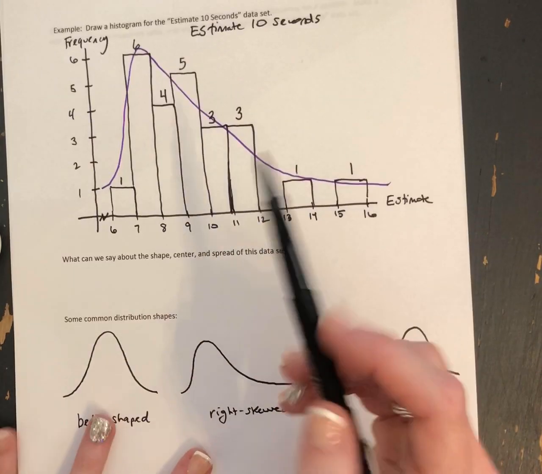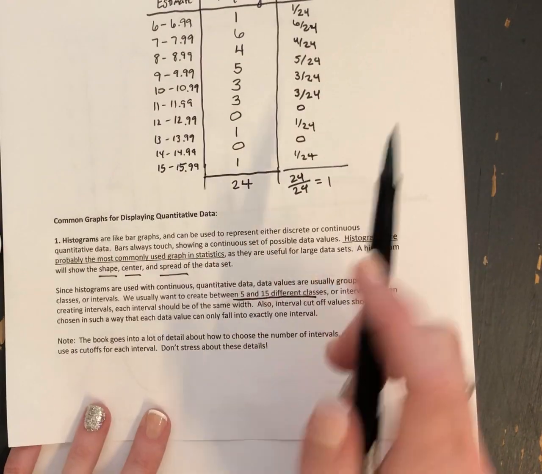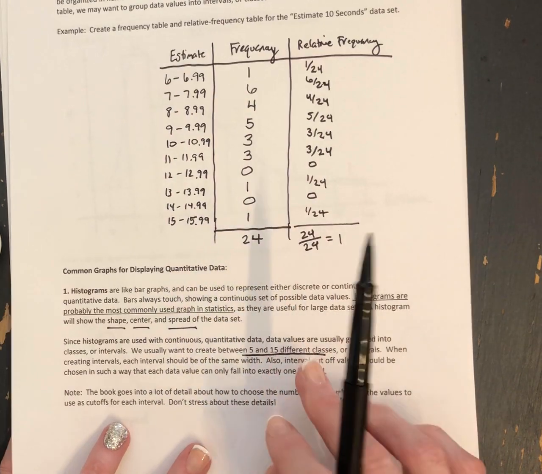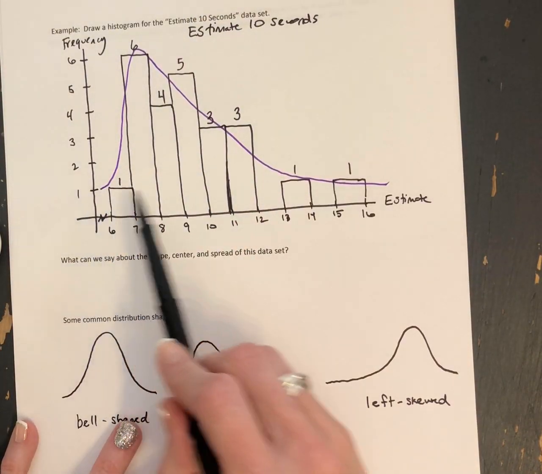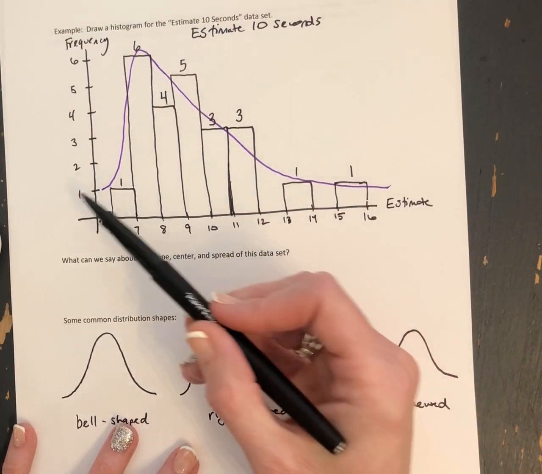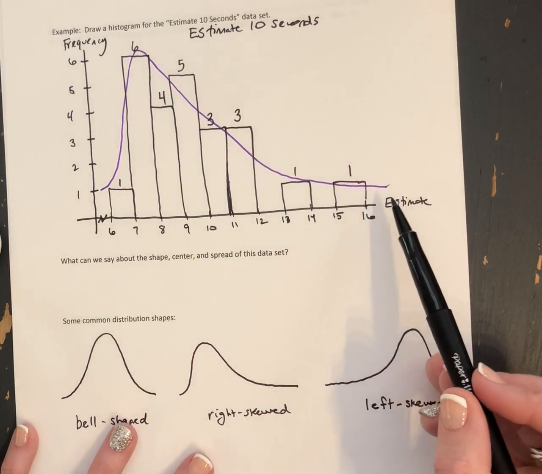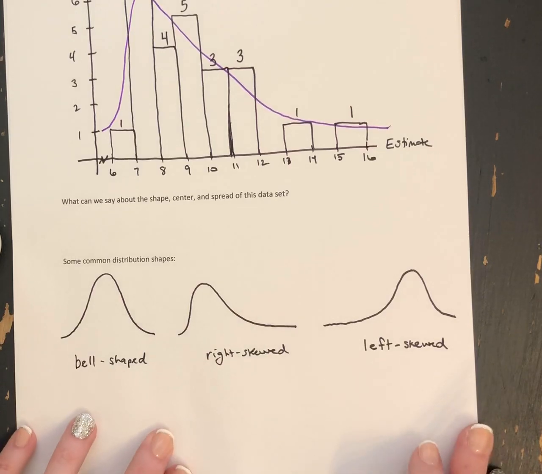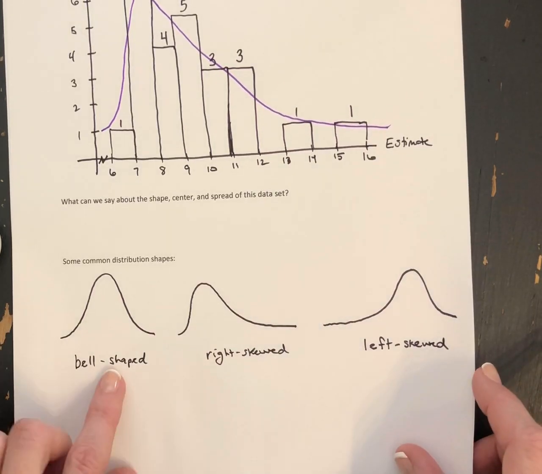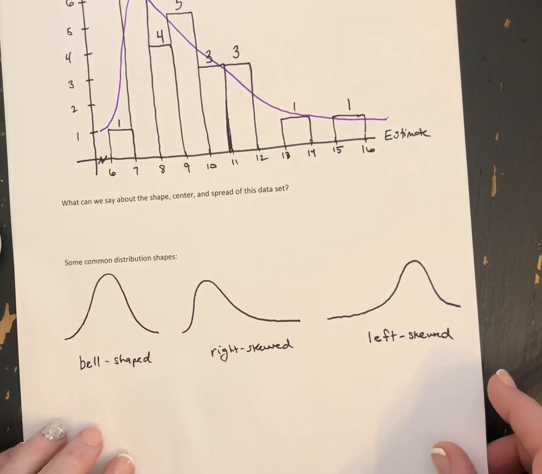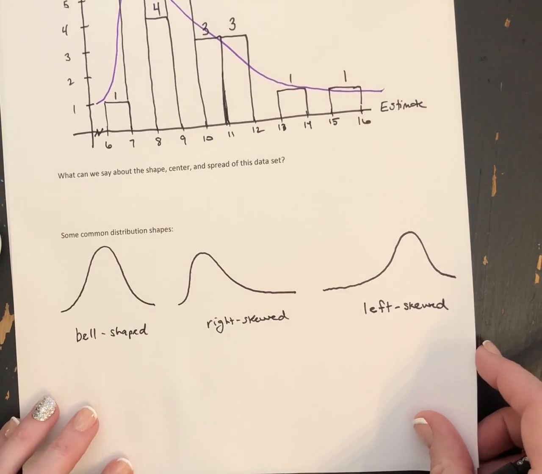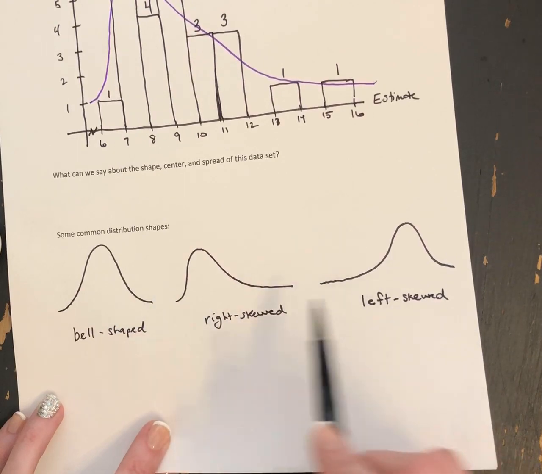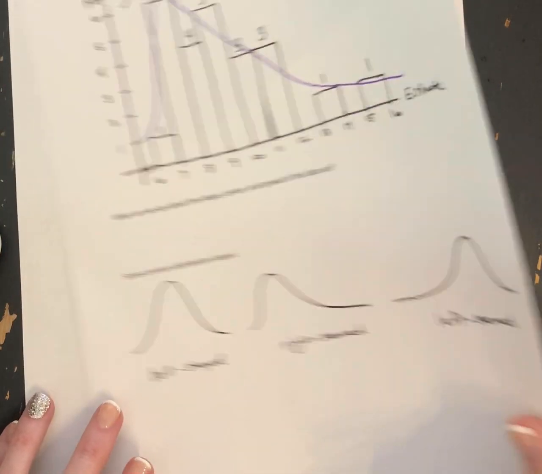We're taking our data set, organizing it into a frequency table, then taking it from that frequency table into a histogram, and then fitting a smooth curve to the histogram to see what distribution shape we see. Okay, so those are some of the most common distribution shapes that you're going to end up seeing, but there are lots of distributions that don't end up being perfectly one of those shapes as well.